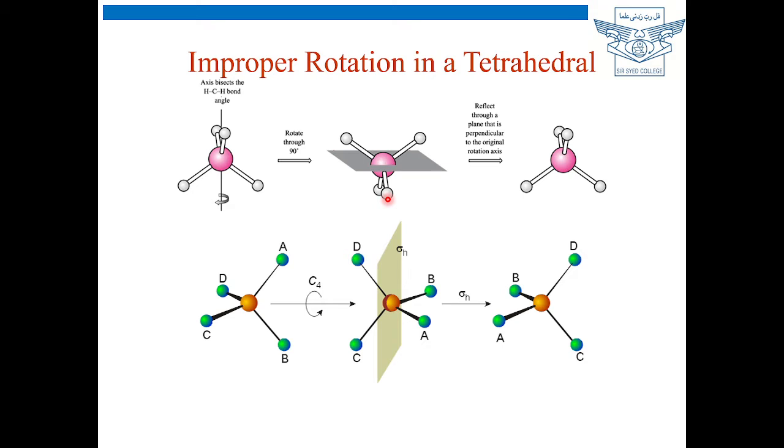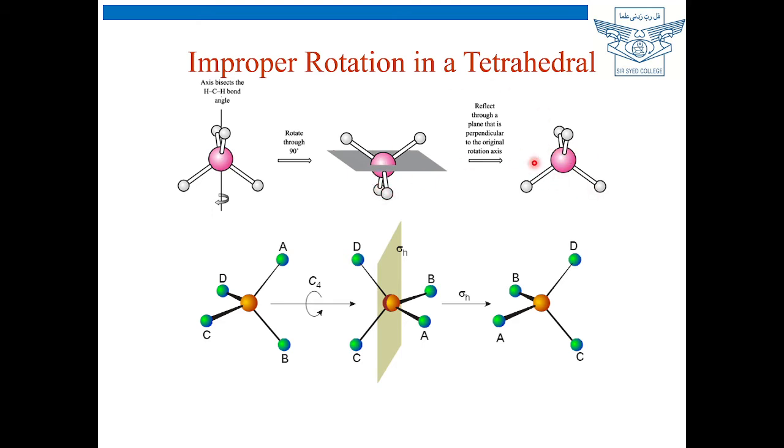Then, when you are rotating 90-degree, you are rotating this so that this becomes perpendicular like this, and these two are coming here. Okay, when you are reflecting this along this plane, the gray plane, what's happening?